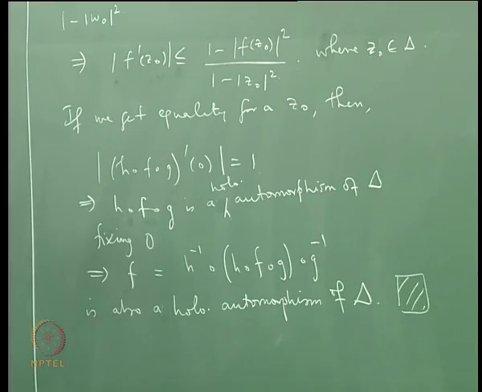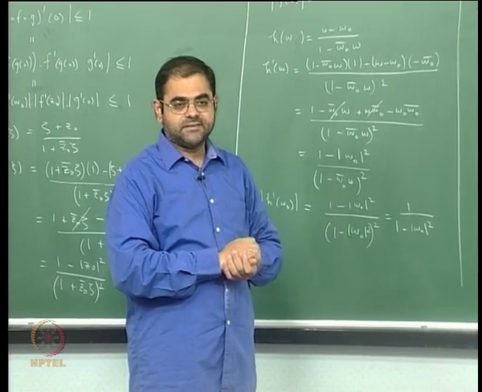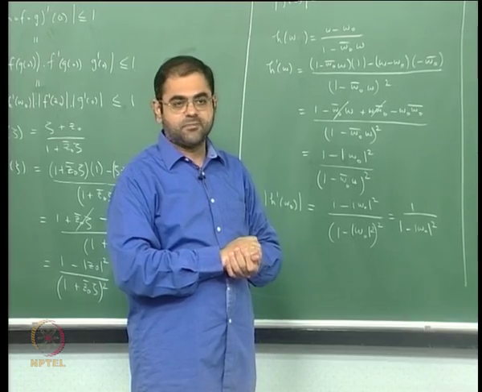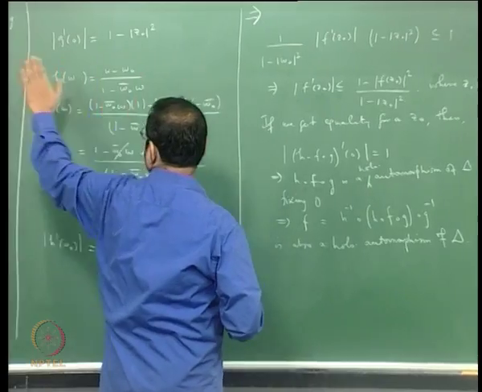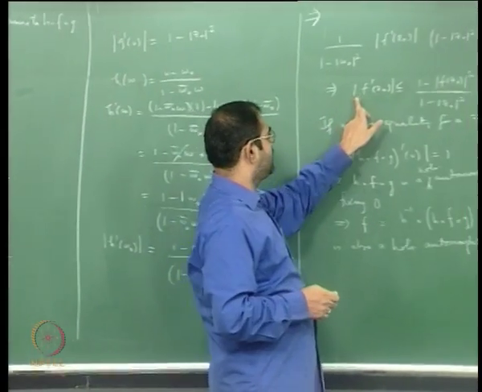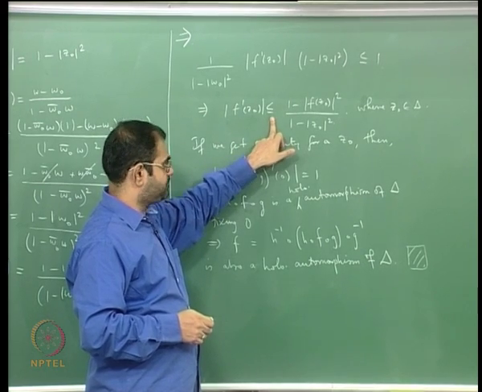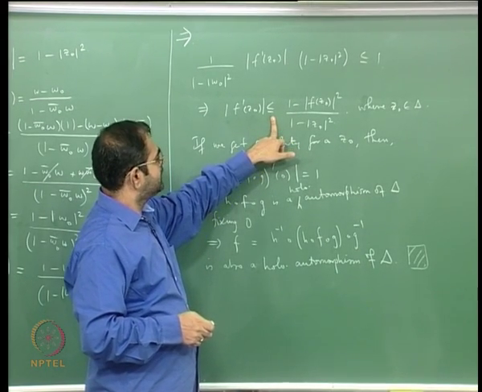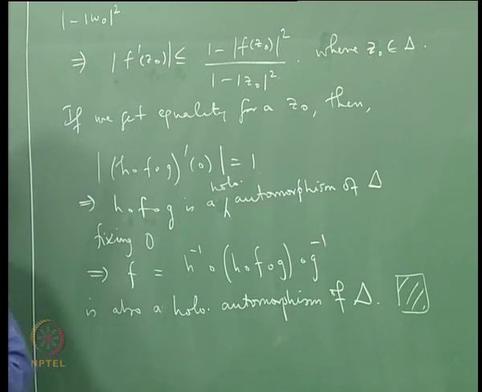So this is Pick's lemma, and as you can see it is a generalization of the differential version of Schwarz lemma, because if I put z0 equal to 0, I get the modulus of the derivative at the origin cannot exceed 1.